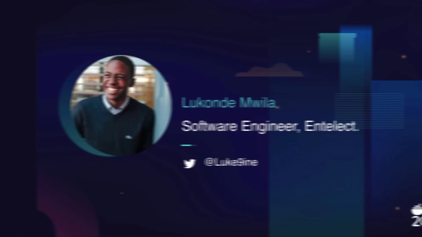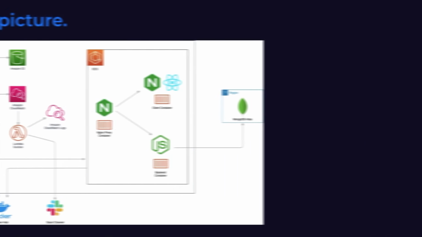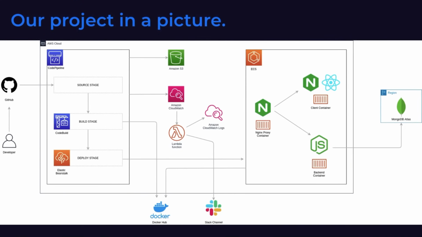Let's take a look at our project in a picture. So this might appear intimidating at first glance, but let's piece it all together. On the left-hand side over there, we've got our CI/CD pipeline, and for this, we're making use of Code Pipeline, which is a CI/CD tool or a service offered by AWS, and it's got three stages: source, build, and deploy.